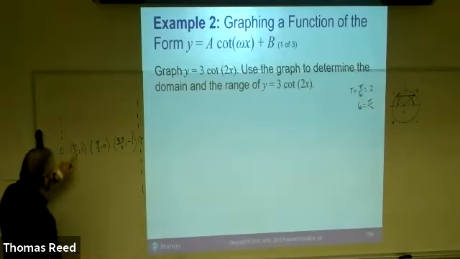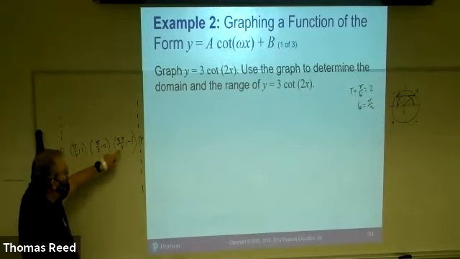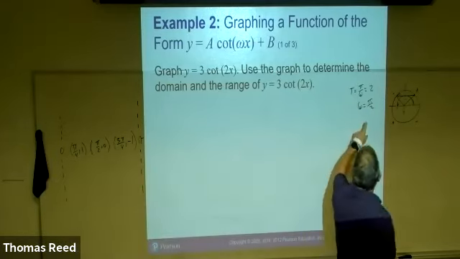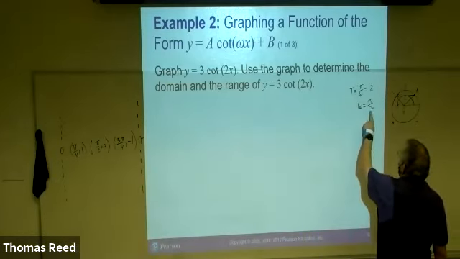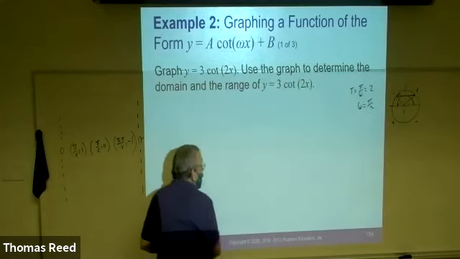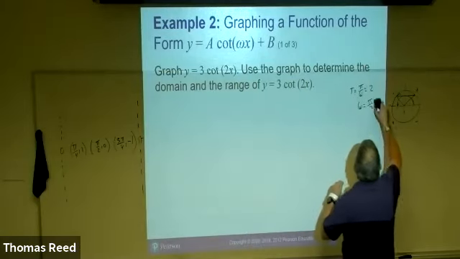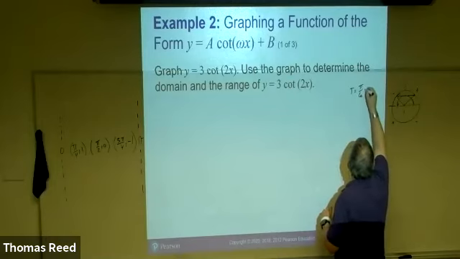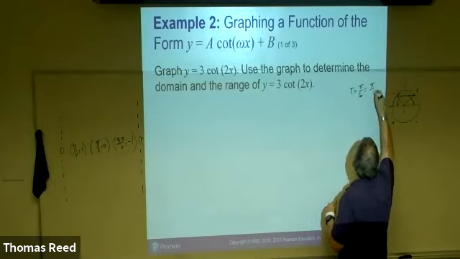I'm going to divide each one of these x's by, well, there's an easier way of doing it. No, omega is 2. I'm sorry. Omega is 2. So this is pi halves.